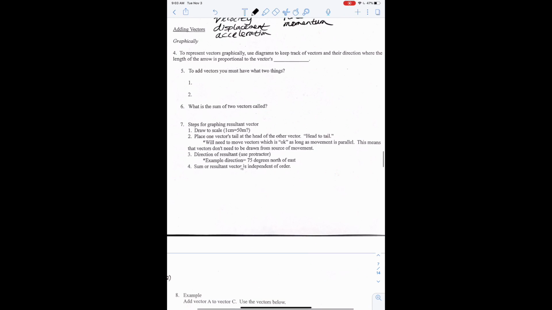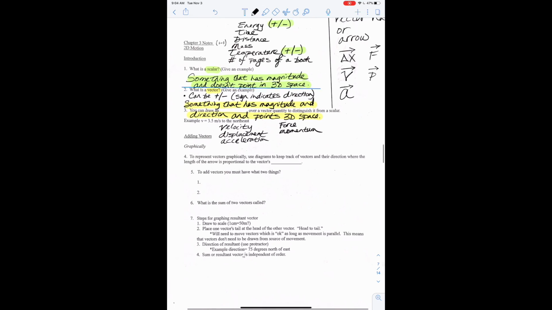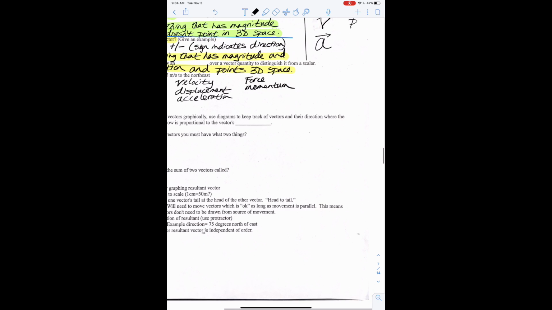So something you want to keep in mind, and this is what number 4 gets at, that when you draw vectors, you want to make sure that the magnitude is proportional to the size of the vector that you draw. And this shows up sometimes on the AP test where they will say, draw the vectors with the correct magnitude, because they want to see that you understand that the size of the vector is proportional to its magnitude.